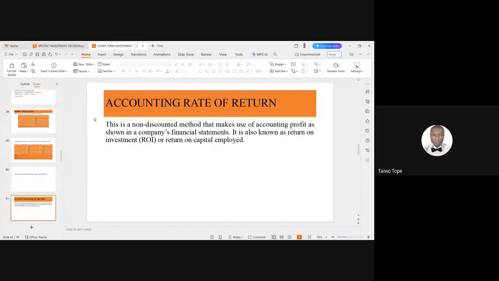So accounting rate of return. This aspect of non-discounted techniques, it's major on what?